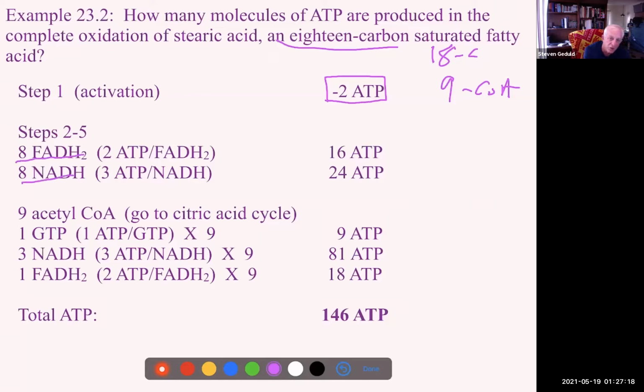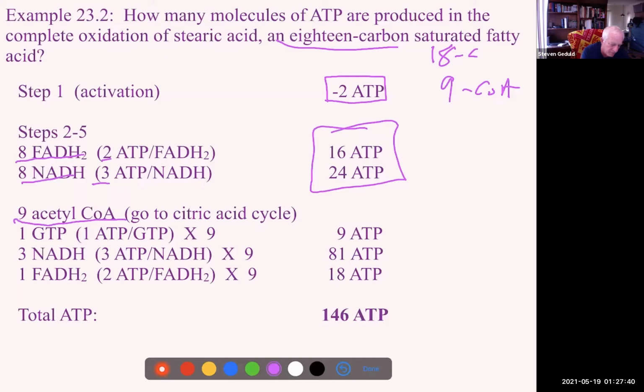Every FADH2 is worth 2. Every NADH is worth 3. So 16 ATPs from the FADH2 and 24 ATPs from the NADH. Now you got 9 acetyl coenzyme A's going to the citric acid cycle.